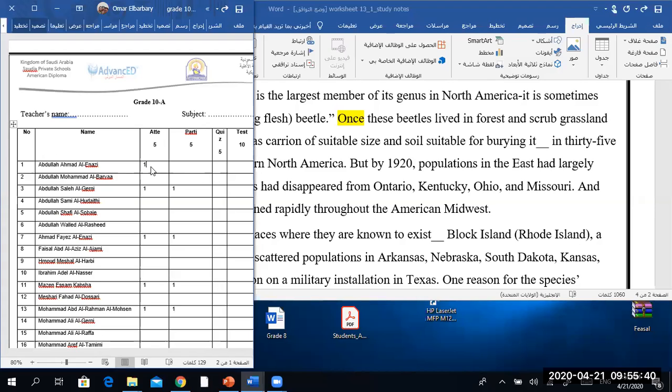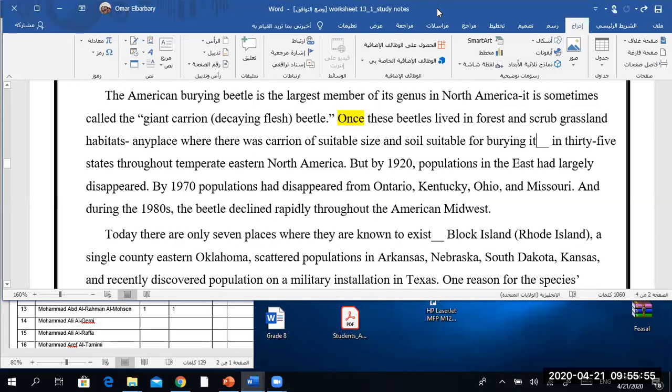So, while we are chatting, I'm going to say, you know what, Muhammad Al-Muhsin? Once there lived a very nice family here in this house. So what does the word once signal here?